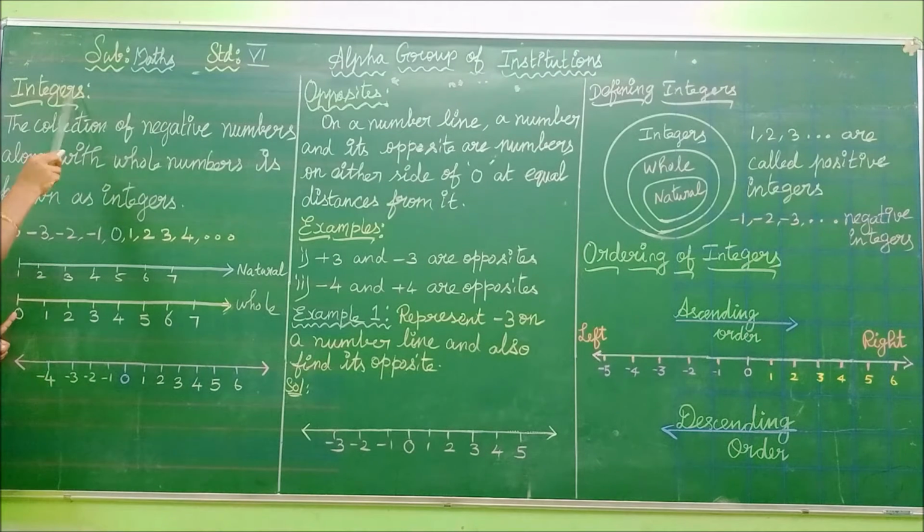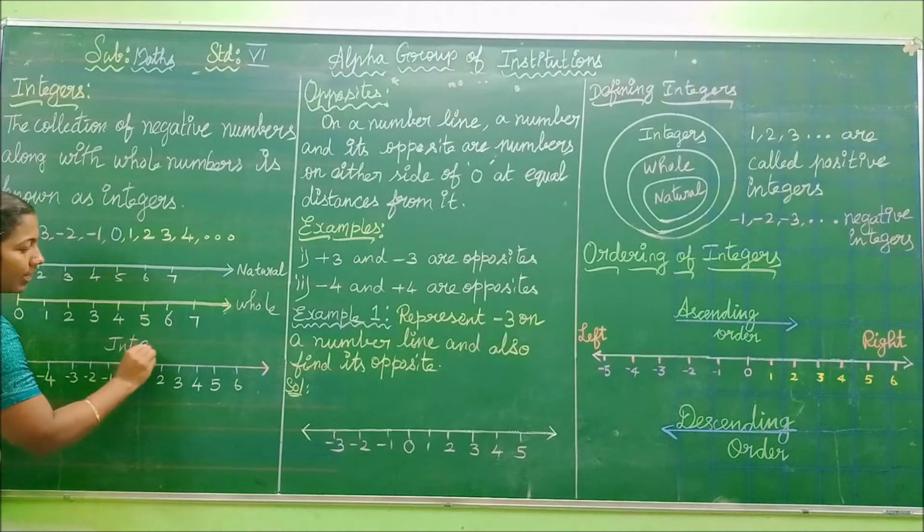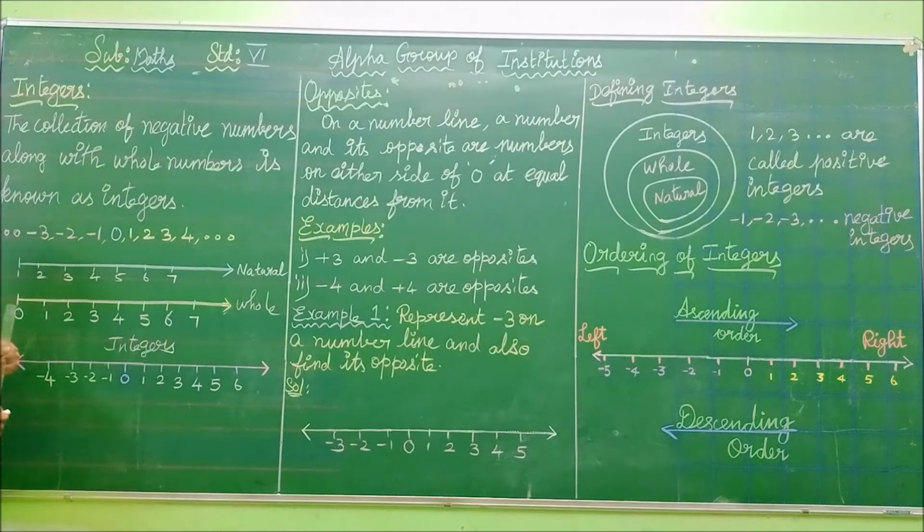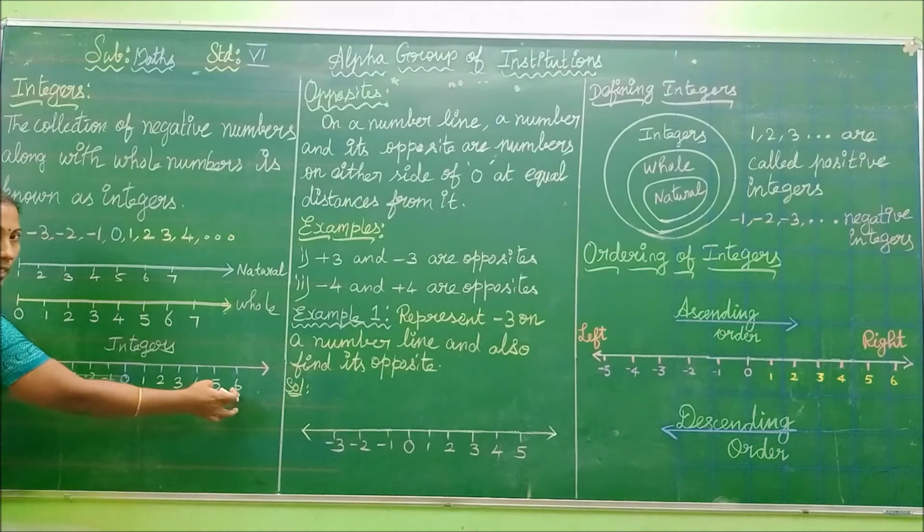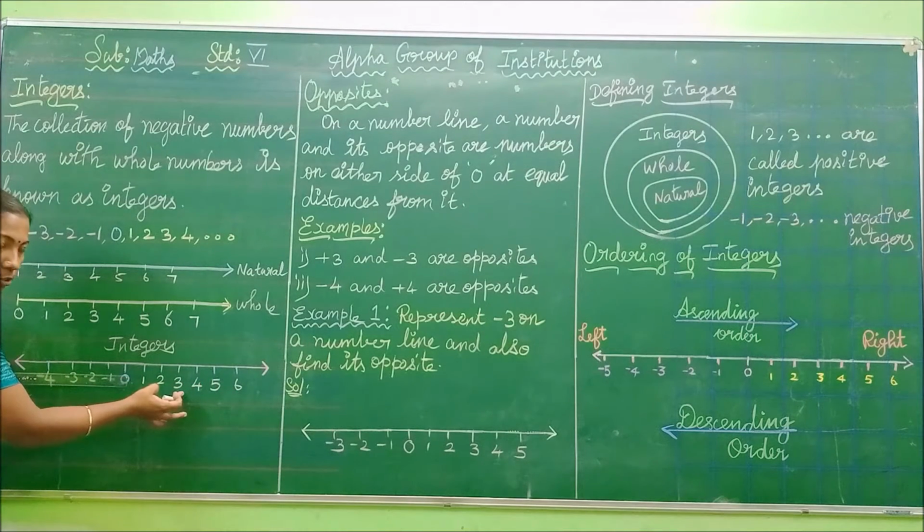Do you understand, children? 1, 2, 3, 4, 5 are called natural numbers. If you add 0 to natural number, you get whole numbers. If you add negative numbers to the whole number, you get integers. See here, this is the number line representation of integers. See, this is 0. So 1, 2, 3, 4, 5, 6, etc. These are called natural numbers.